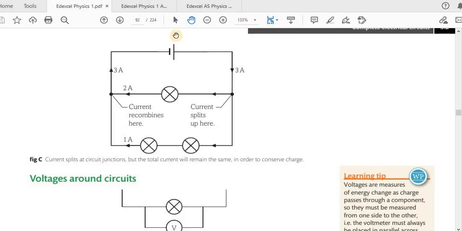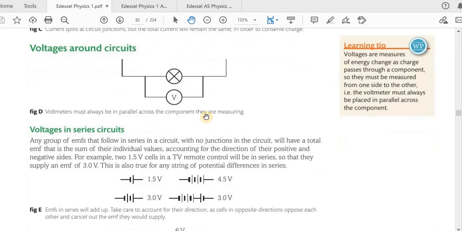So power supplies give energy to the electrons or charges. In this circuit, the charge carriers are the electrons. But at the other components, the electrical energy of those electrons is being used up. It is converted to or transferred to other forms of energy like heat energy and light energy here.